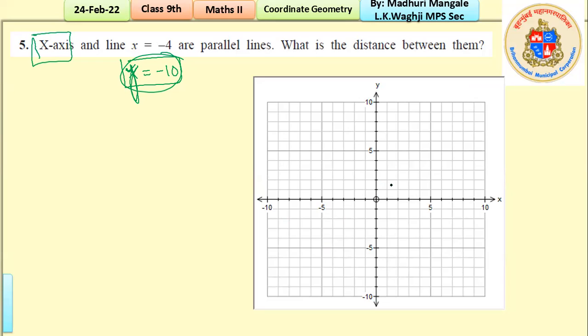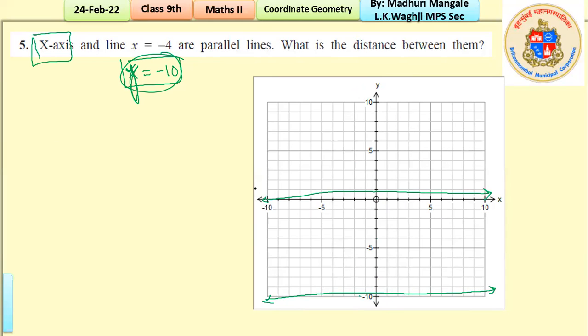Okay, we are asked to find the distance. So just check, the x-axis is this one, the horizontal line. This is the x-axis, and then the line y equals negative 10. So negative 10 over here. This is the line y equals negative 10. So what is the distance between these two lines? Clearly the distance is 10 units.